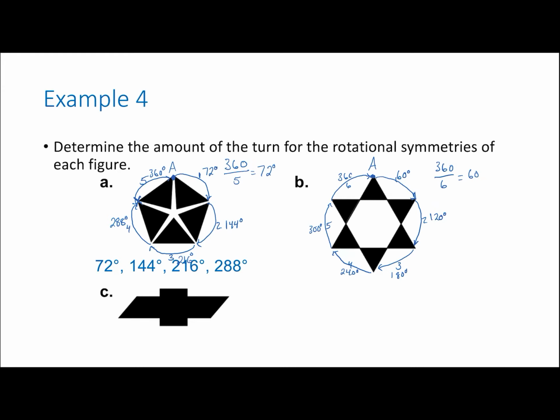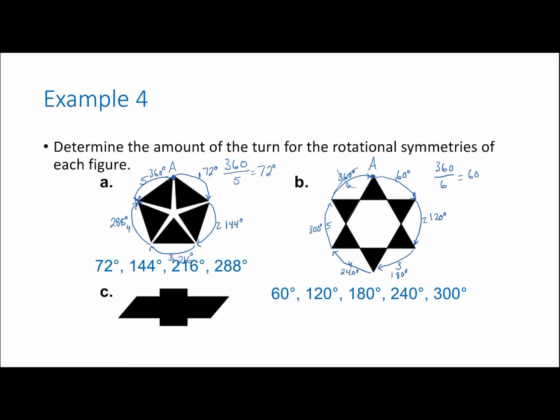And if you do that the last time, you end up with 360, that full rotation. Again, we don't want this one. We're not worried about that one because that is not a symmetry. That's just the same figure. And so our rotational symmetry for each one is 60 degrees, 120 degrees, 180, 240, and 300.